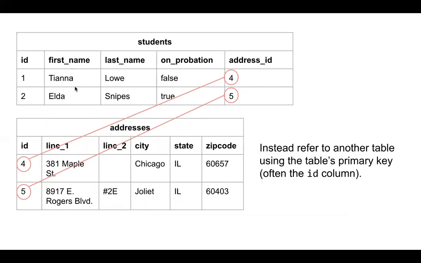And if Tiana changes their name to Eric or whatever, then the address doesn't need to be updated because that address ID remains the same. And usually your foreign key will be the primary ID of the other record. Sometimes it's not, but I would say 99 times out of 100, it's the primary ID column.